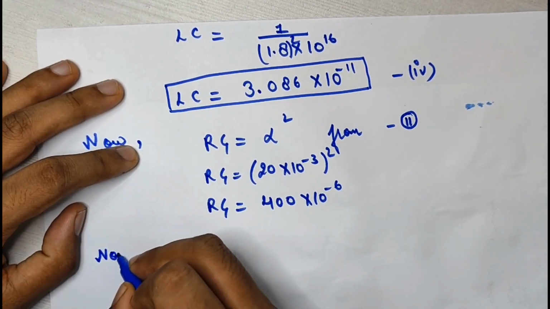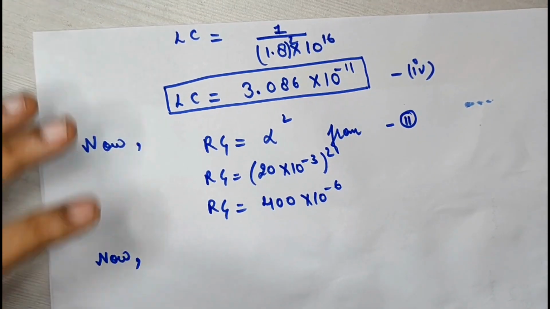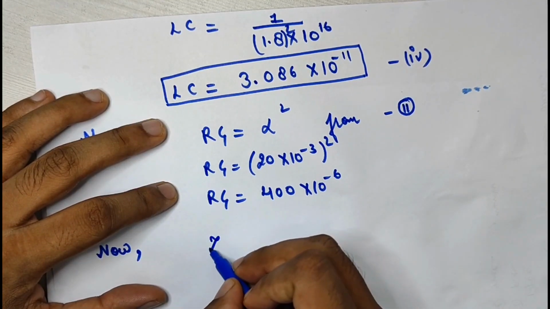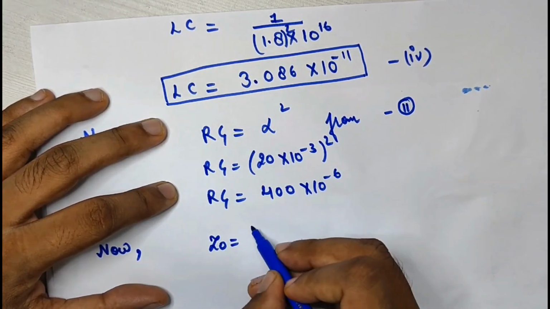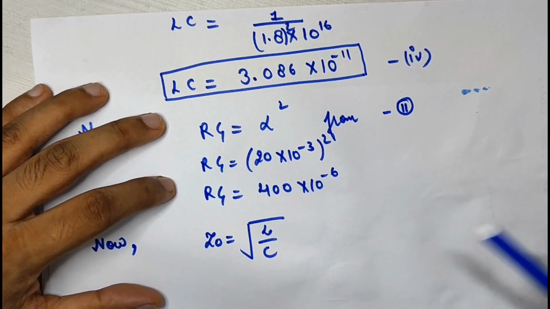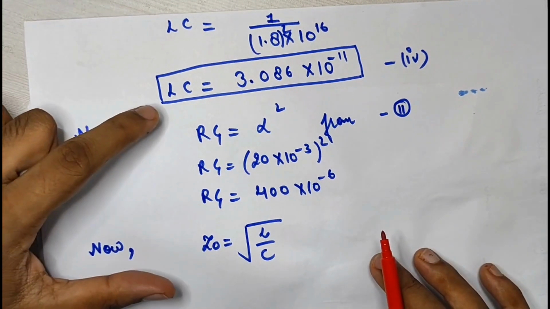Now, we know that Z0 is equal to root of L by C. Like how this comes, we can write directly also, or I can show how this comes.